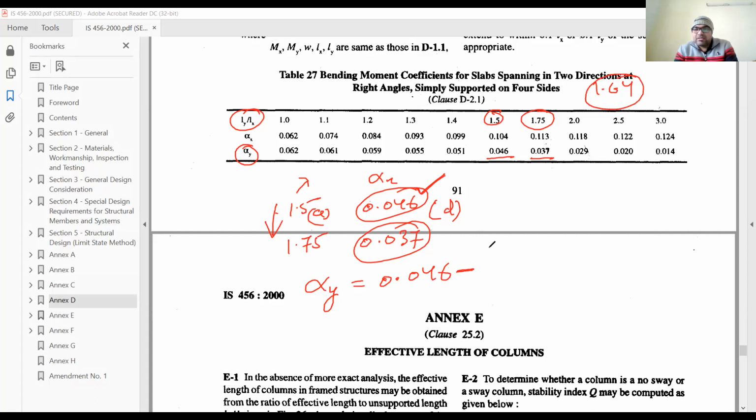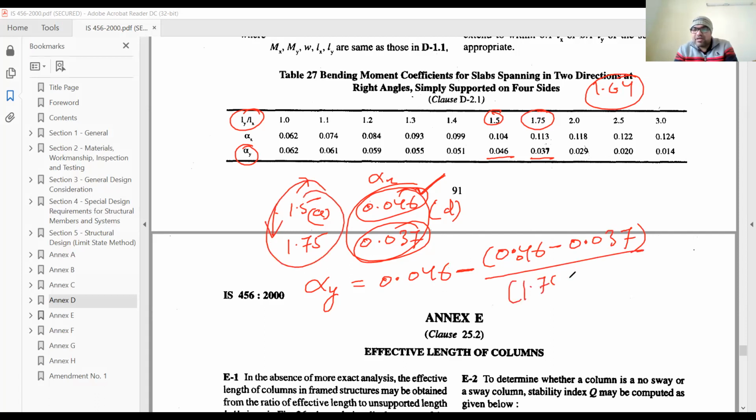So minus the difference of these two, that is 0.046 minus 0.037, divided by the difference of 1.75 minus 1.5, multiplied by the required value of lambda, 1.64 minus the lower value, which is 1.5.